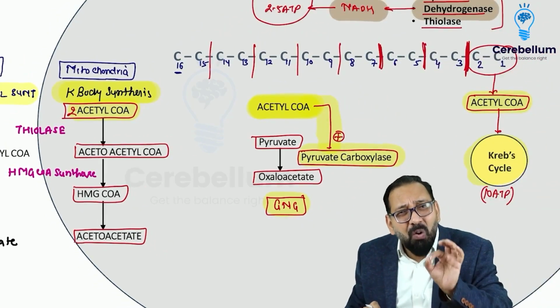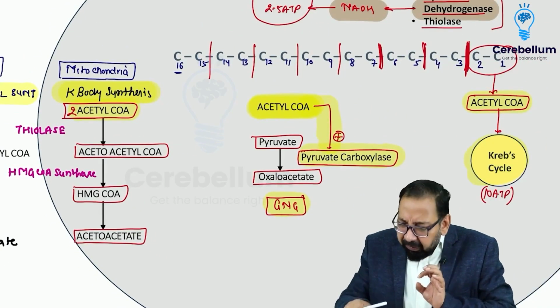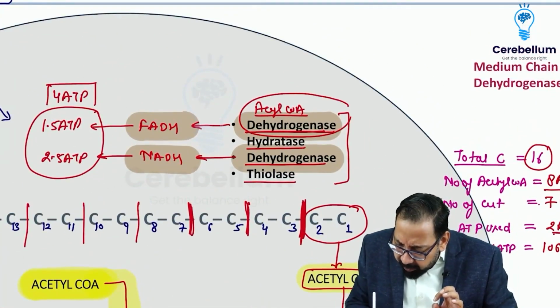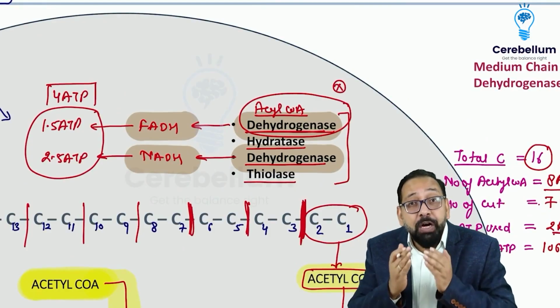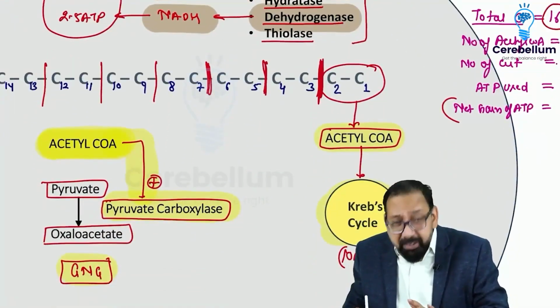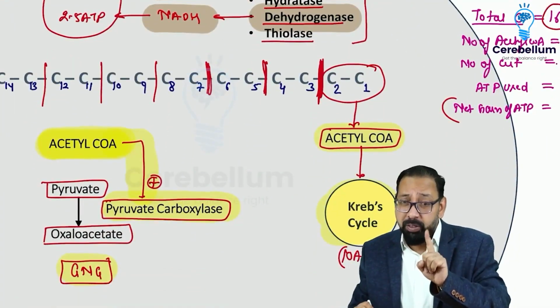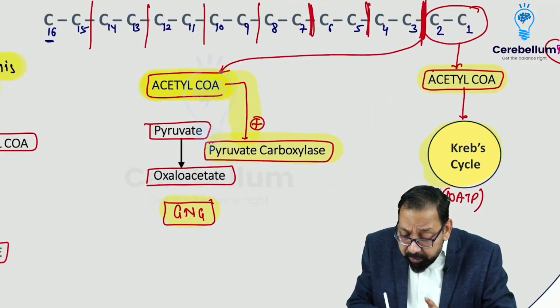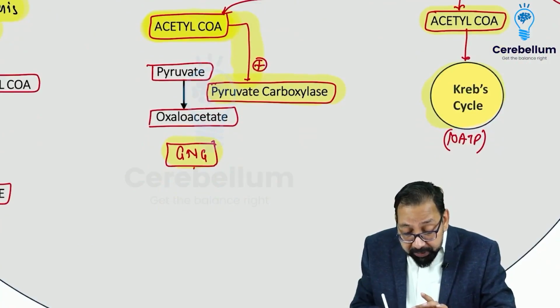If beta oxidation is defective, if this acyl coenzyme A dehydrogenase is not functioning, what will happen? If beta oxidation does not occur, then energy will not be produced. That is 1 point. If beta oxidation is not occurring, then acetyl coenzyme A is not produced, so gluconeogenesis would not be there.